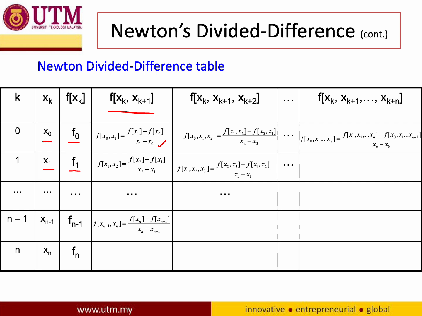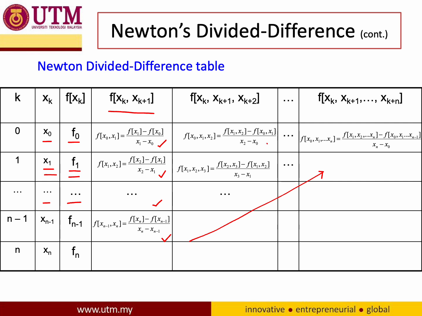The format of the table will be like Newton forward, going upwards. To find this one, f(x2) minus f(x1), divided by x2 minus x1, then you will get this value, and so on until n.